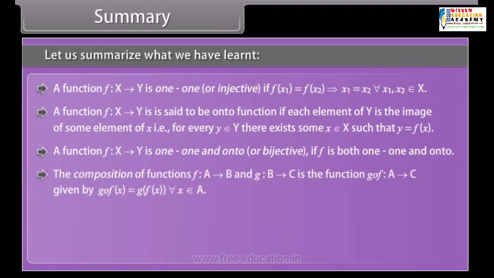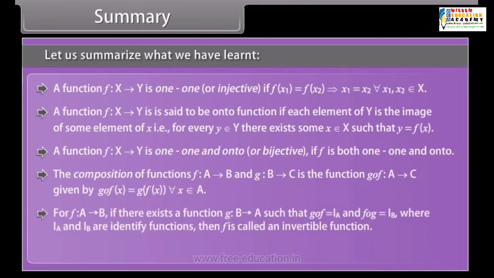The composition of functions f from A to B and g from B to C is the function gof from A to C given by gof(x) equals g(f(x)) for each x belongs to A. For function f from A to B, if there exists a function g from B to A such that gof equals I_A and fog equals I_B, where I_A and I_B are identity functions, then f is called an invertible function.